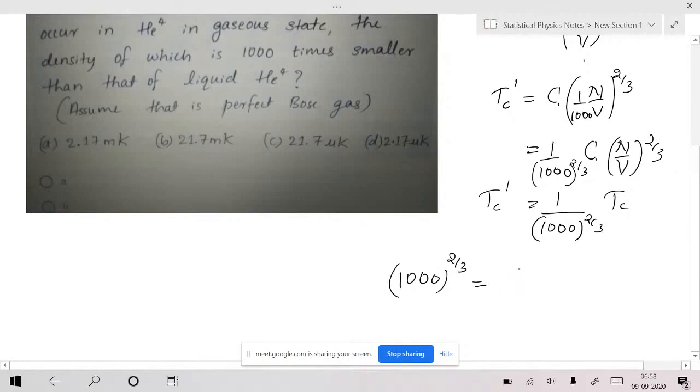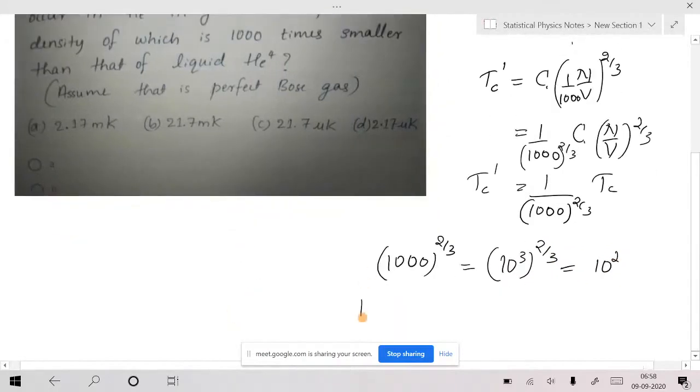Write 1000 as 10 to the power 3. Then 3 and 3 cancel, that's it. So the answer is 10 to the power 2. Again, Tc dash is equal to 1 by 10 to the power 2 times Tc.